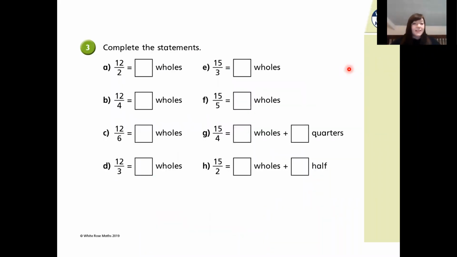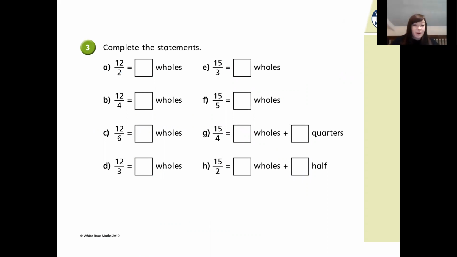Here, this is going to get a little bit more tricky. But to help you, I would draw out the bars to show what you are doing. And that way you can very clearly see when you're getting the wholes and when you've got parts left over. For those of you that don't want to draw the bars out, think about what you would get to a whole.